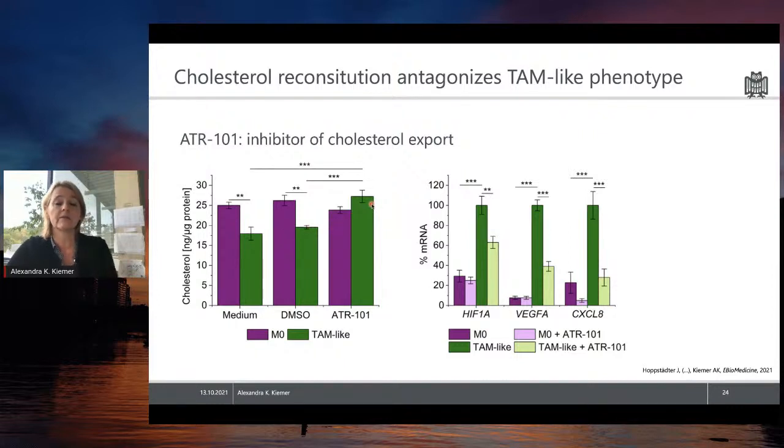When we inhibit the efflux transporter, then we have higher cholesterol levels, and these higher cholesterol levels can then antagonize the gene expression changes that we see in these TAM-like cells.